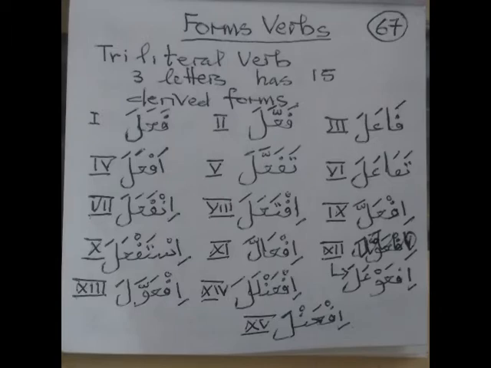The purpose of this lecture, and a few other pages that will follow, is just to give you an overview of forms of verbs. And remember, this is a 3-letter verb, and we have a purpose for explaining why this is a 3-letter verb, as you will see later.